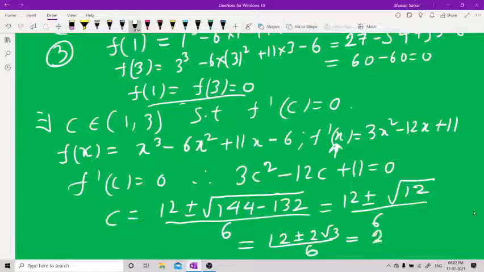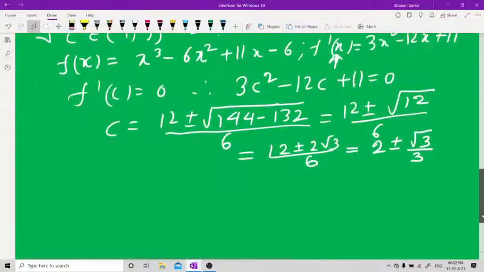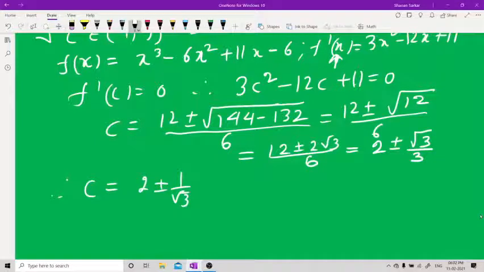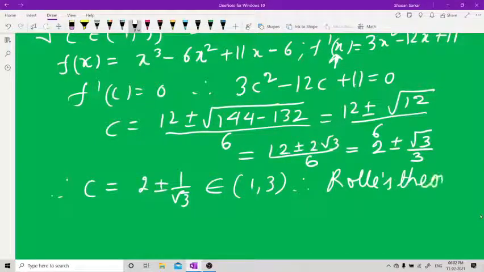So this comes out to be 2 plus minus under root 3 by 3, that is 2 plus minus 1 by under root 3. So C is equal to 2 plus minus 1 by under root 3, and this lies between 1 and 3. Therefore, Rolle's theorem is verified.